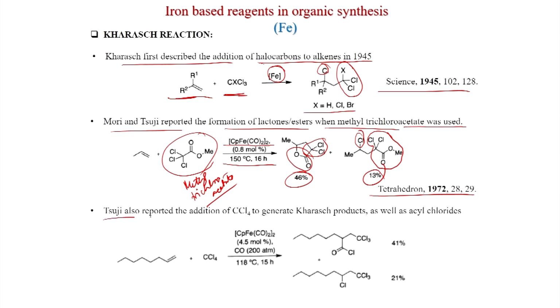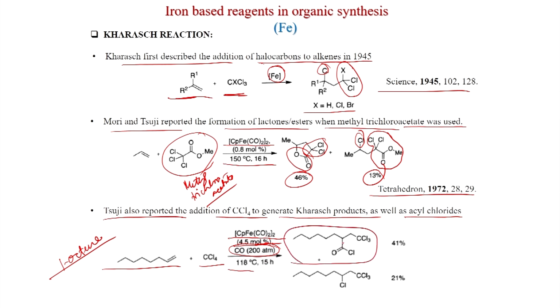Now, Susuki also reported the addition of carbon tetrachloride to generate Kharasch products as well as acyl chloride. So, you can see this is 1-octene. 1-octene is treated with carbon tetrachloride, with the same CpFe(CO)2 dimer, only 4.5 mole %. Also, carbon monoxide you have to add at 200 atmospheres. This reaction is at 118 degrees centigrade for 15 hours and you get this product.